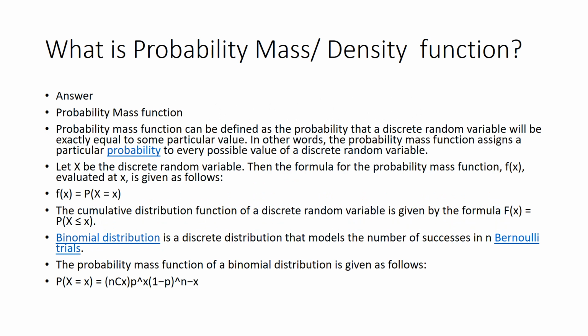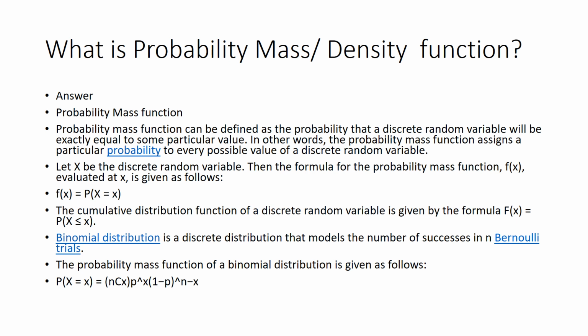Probability mass function can be defined as the probability that a discrete random variable will be exactly equal to some particular value. In other words, the probability mass function assigns a particular probability to every possible value of a discrete random variable. Let X be the discrete random variable.